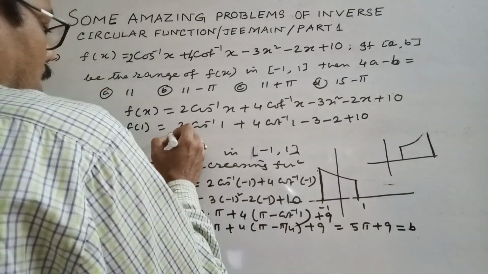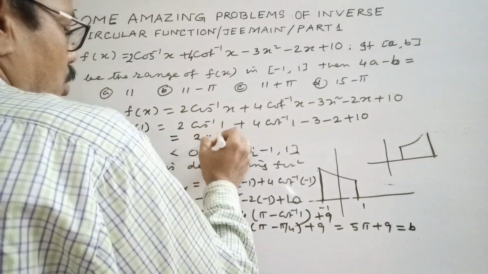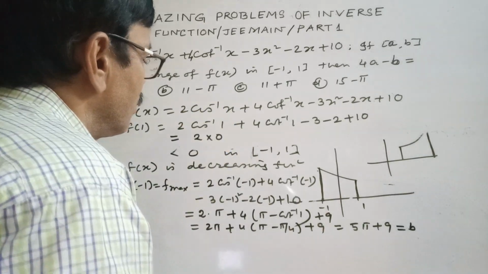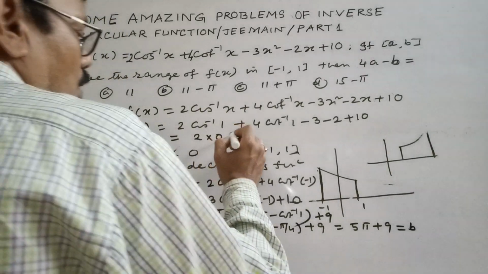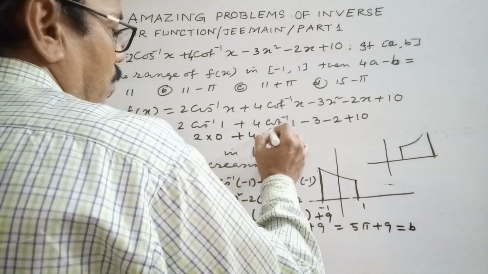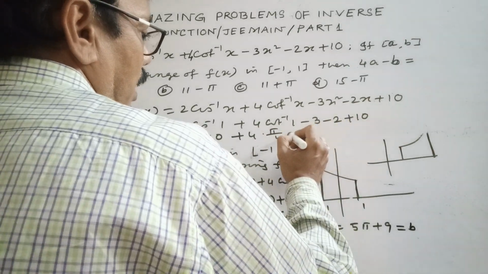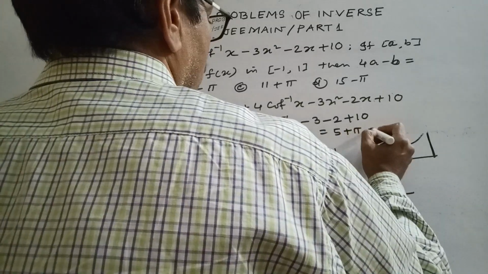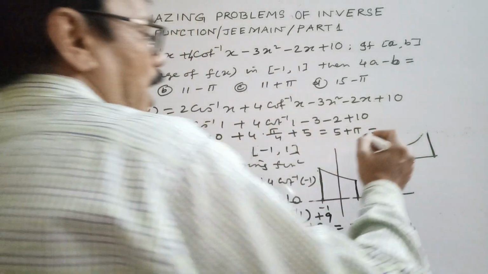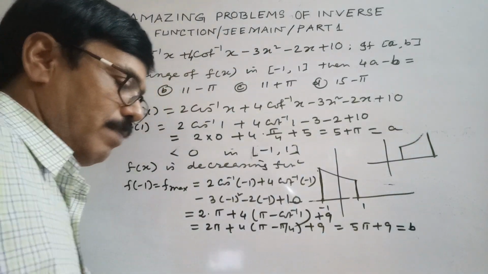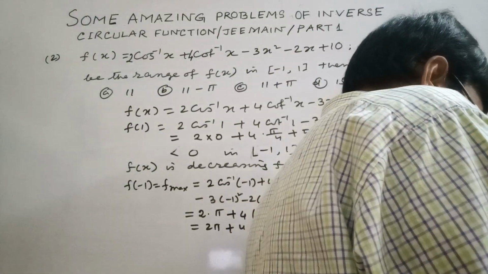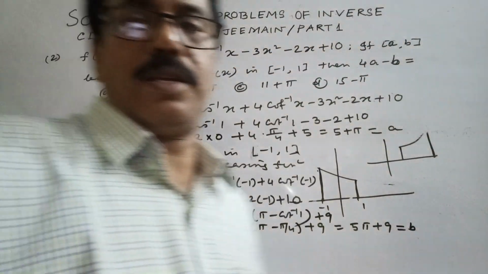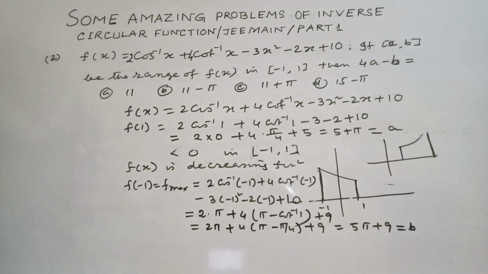So we are getting 2 into 0, 4 into pi by 4, and 10 minus 5, so this is plus 5. So pi plus 5, and this is equal to the minimum value. This is A and this one is B. Now you are getting A and B.